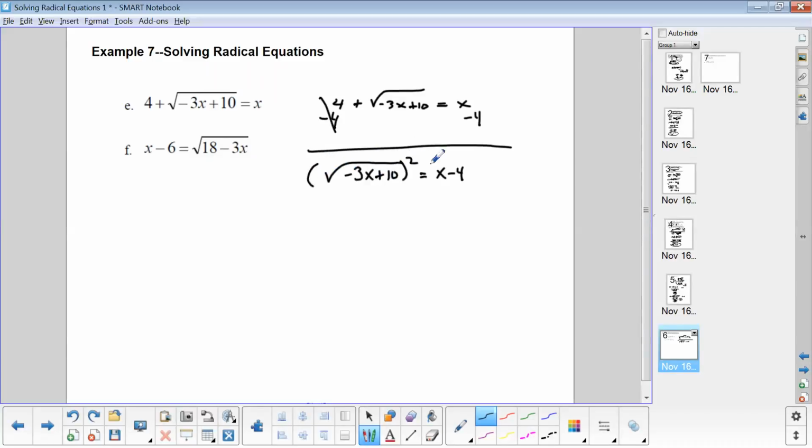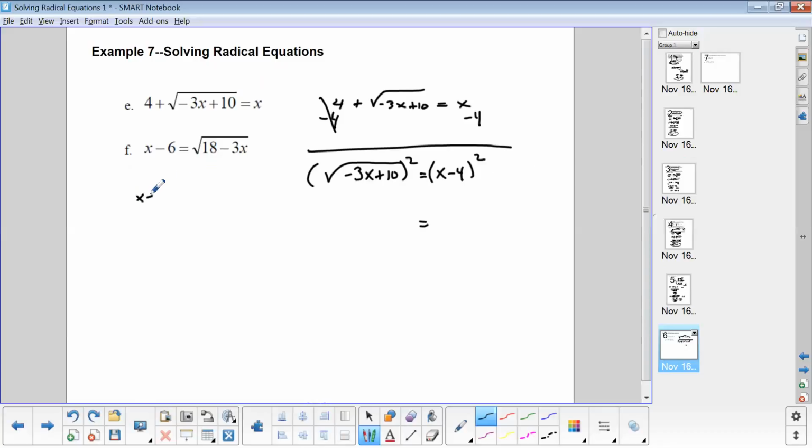So when I go to square both sides, I now have a quantity that's squared. And when we multiply this, because remember this is x minus 4 times x minus 4, ran out of room here.